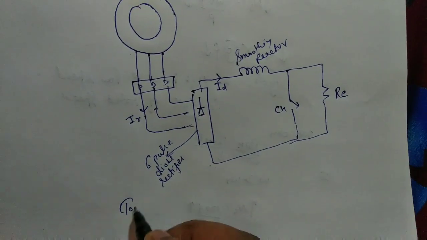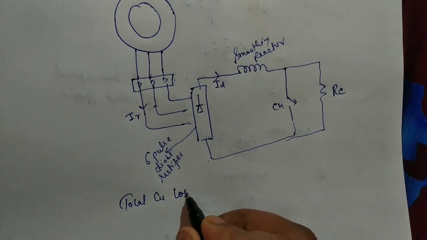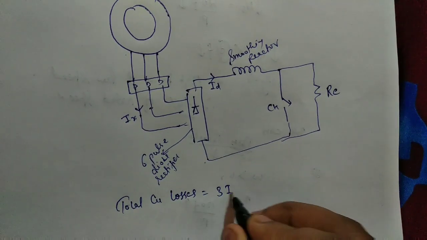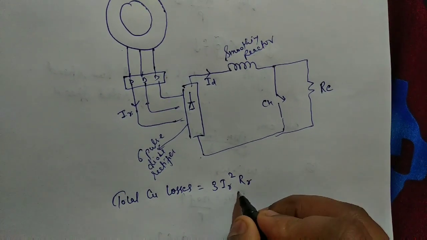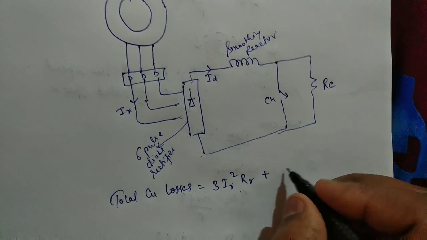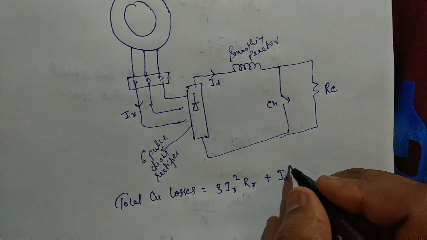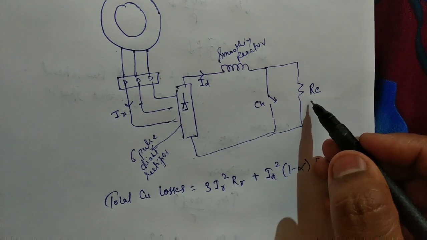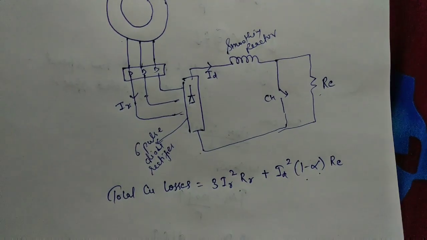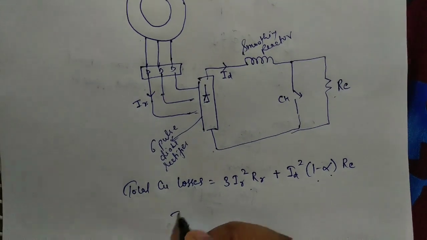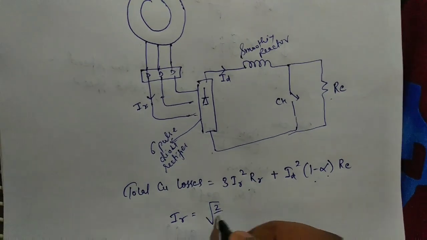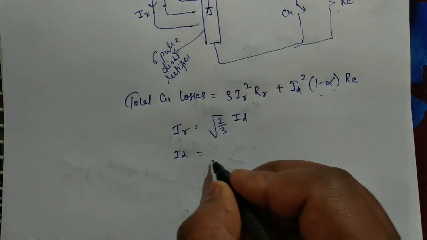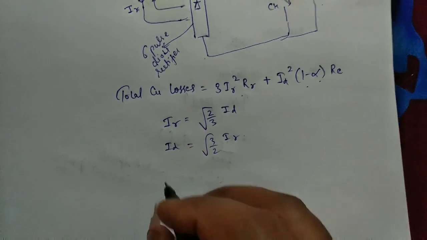So the total copper loss is 3IR square RR, where RR is the rotor resistance, plus ID square into 1 minus alpha RE. Here current will flow for 1 minus alpha time. IR is 2 by 3 ID, so ID is 3 by 2 IR.